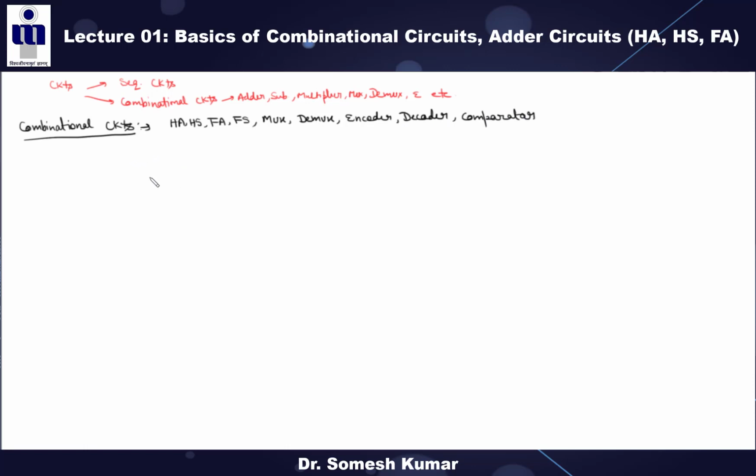These are all examples of combinational circuits. Before starting, I want to tell you the main difference between combinational and sequential circuits. The first main difference is that in combinational circuits the present output depends only on the present inputs.